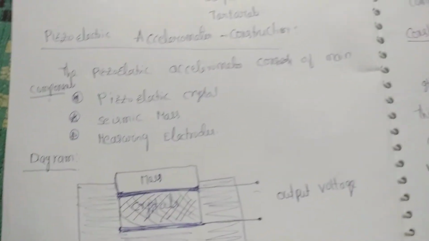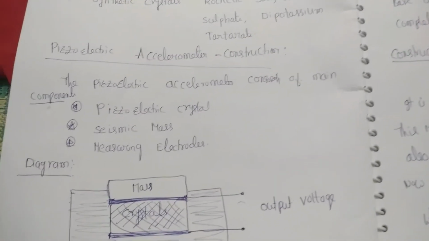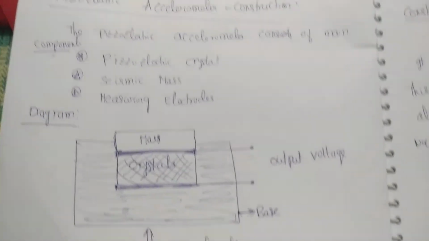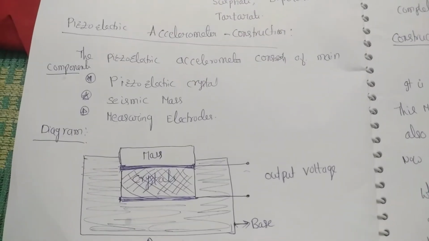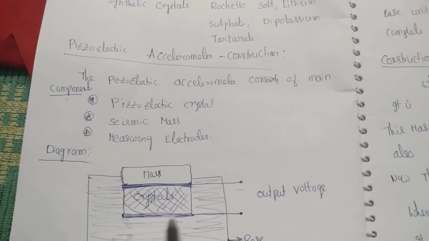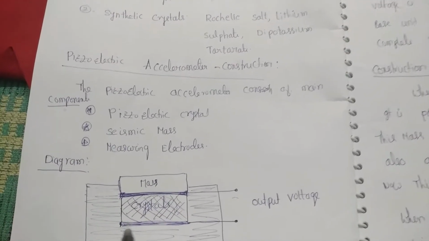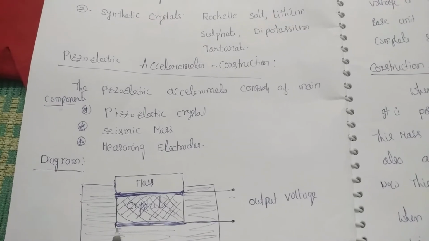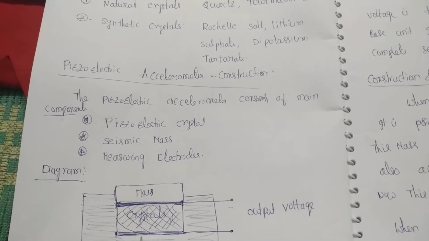So how is the piezoelectric accelerometer constructed? Here is the diagram. This is a crystal and these are the electrodes, placed at both sides of the crystal.